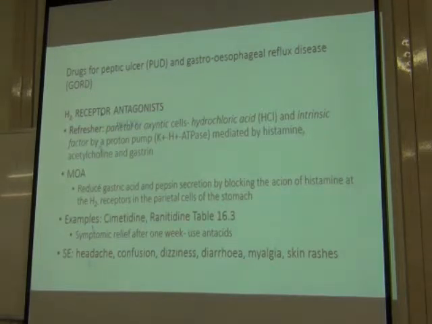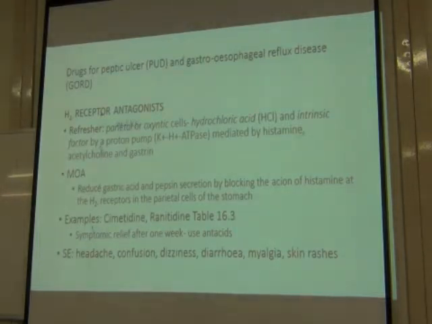We said the release of hydrochloric acid by the proton pump is mediated by histamine. So if we stop histamine, we can stop the release of hydrochloric acid as well.